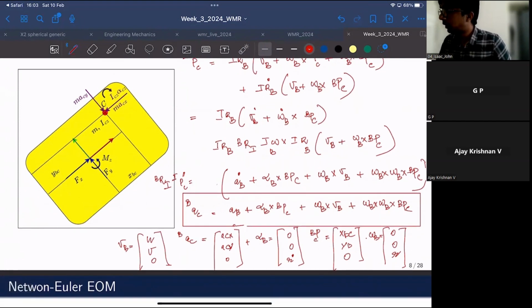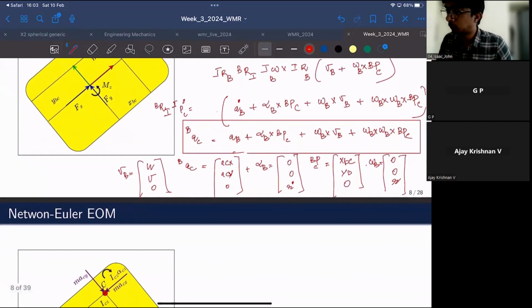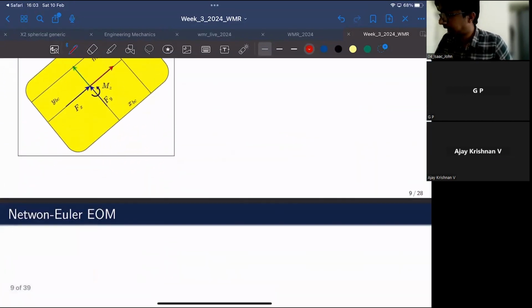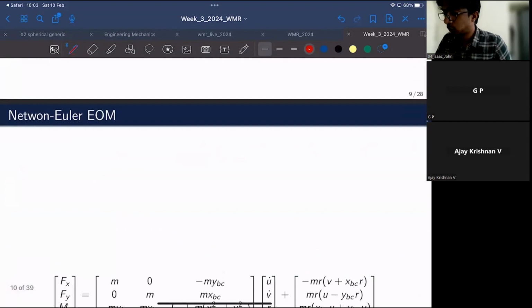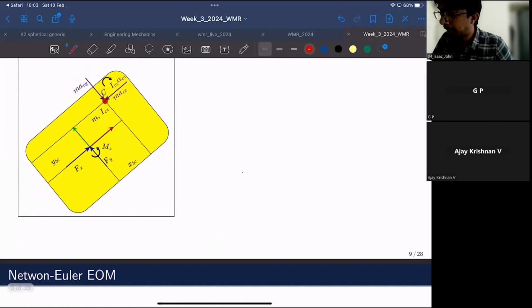If you substitute everything, you can essentially get the component-wise equations of motion. If you substitute each and every component and multiply this with the mass, you have this acceleration component with respect to the body frame. This is basically a vector.